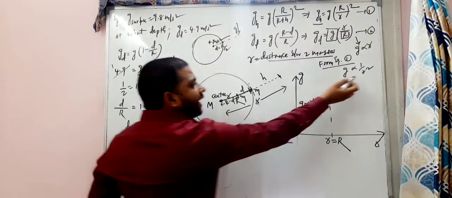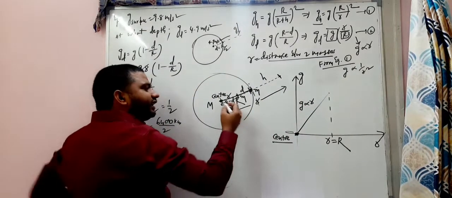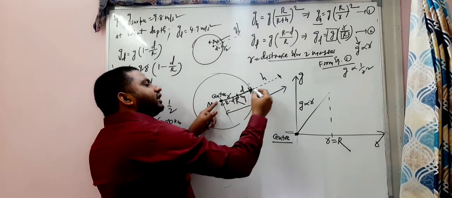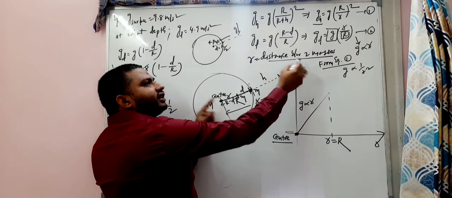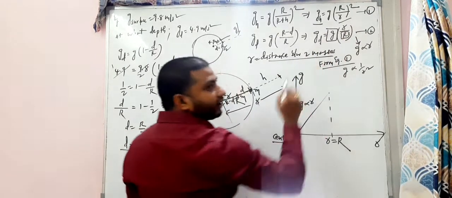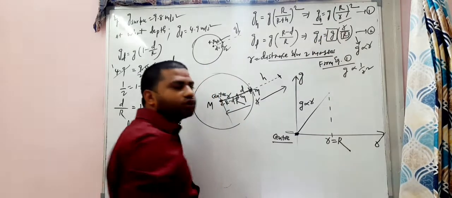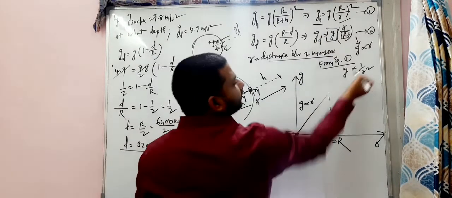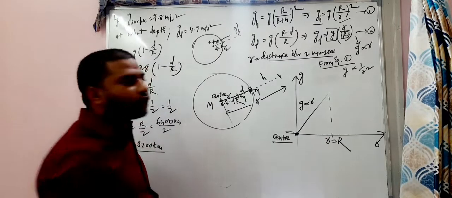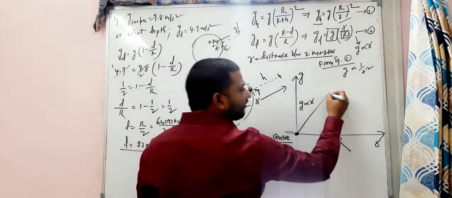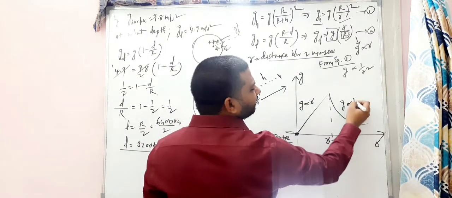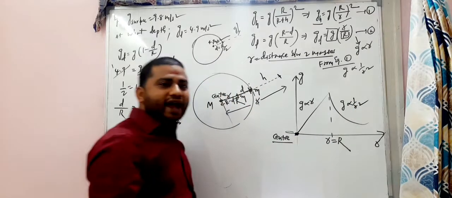Tell me, r is increasing from the center, the small r value is increasing. Here g surface value is constant and the radius of the earth is also constant. So acceleration due to gravity is inversely proportional to r squared, and the graph is an inverse graph.